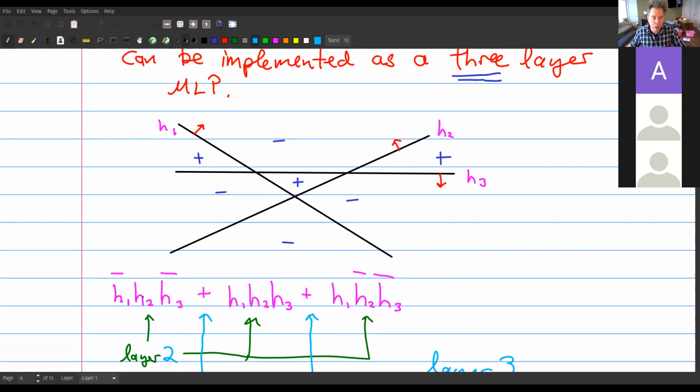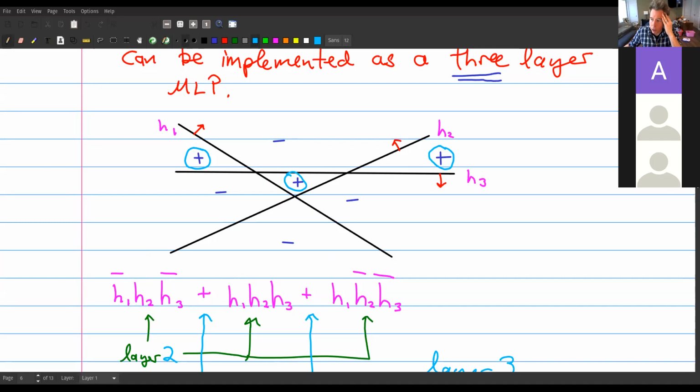So not H1 and H2 and not H3. So I think that's probably this one. And then H1 and H2 and H3 is this one. And then H1 and not H2 and not H3 is this one. This is using the Boolean algebra notation again, where multiplication means conjunction and plus means disjunction.